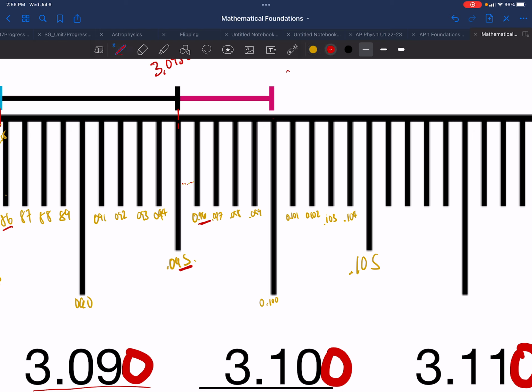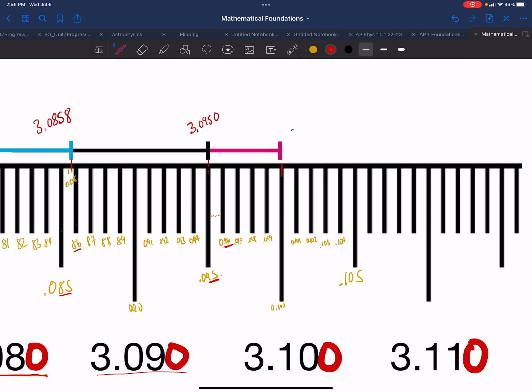We say it is exactly on this 0.100. And there are no additionals. So it is 3.1000. If this is 101 and this is 100, there are no more additional tenths. There are 0 of those tenths.